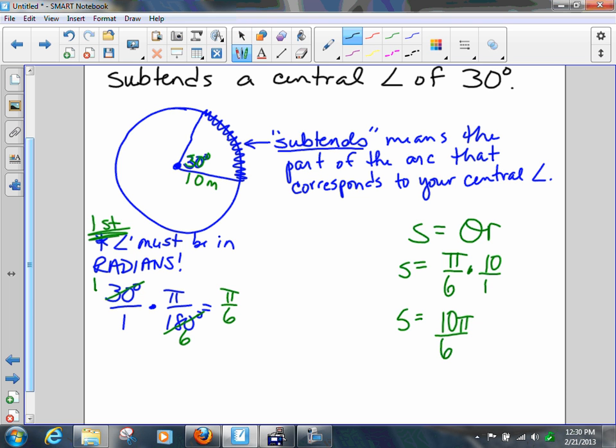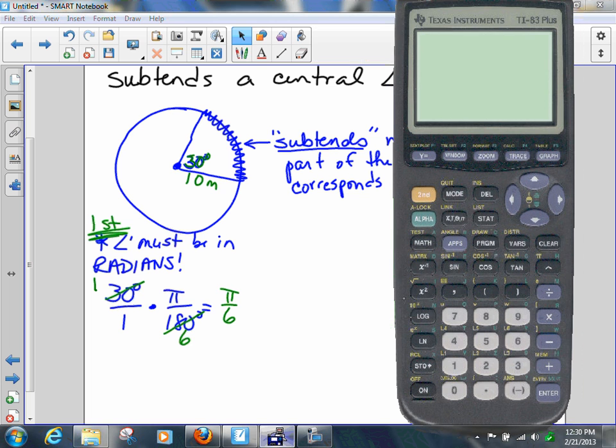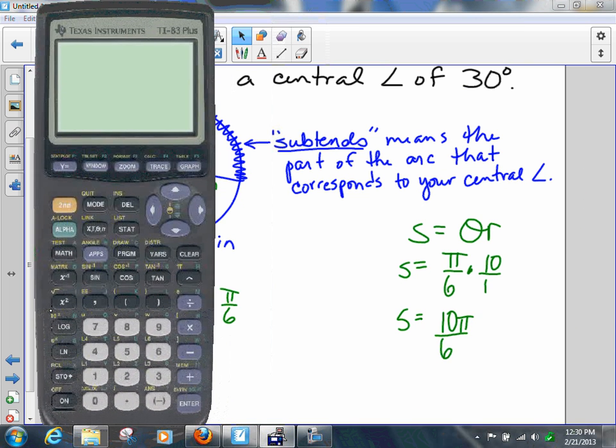Folks, all you need to do at this point is get your calculator. I don't have to simplify, because watch what I'm going to do. I'm going to take, and y'all know I'm a parentheses ninja, 10 pi, and I'm going to use my pi.